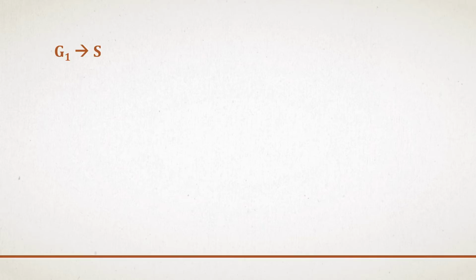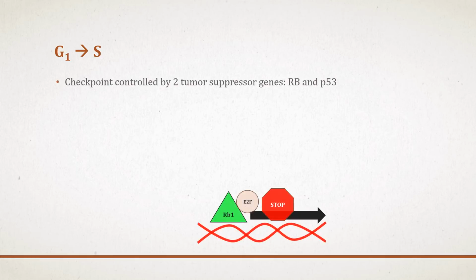If not, this is very important that you guys understand. If a mutation was not caught and went into the S phase and duplicated, we run the risk for cancer. Mutations that replicate over and over again increase the chances of cancer. That's why we have two very important tumor suppressor genes that regulate this checkpoint, these being P53 and RB.